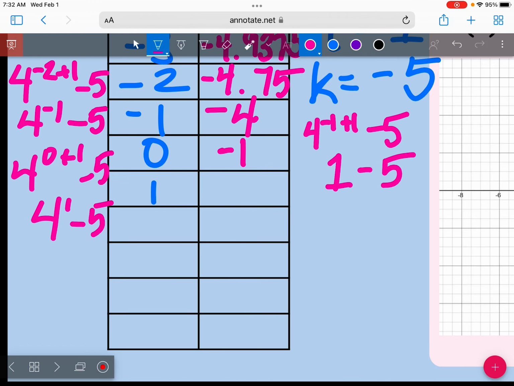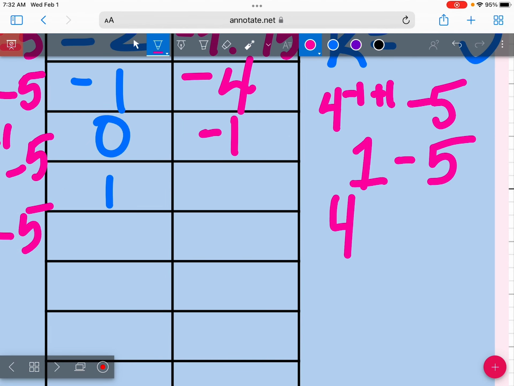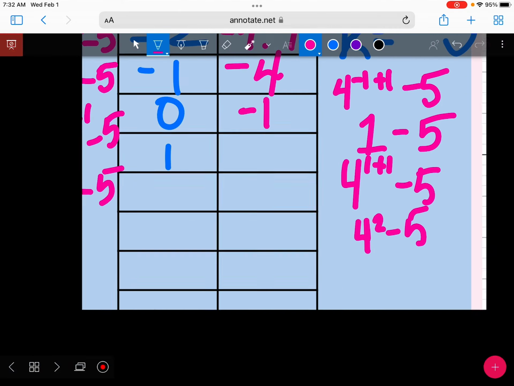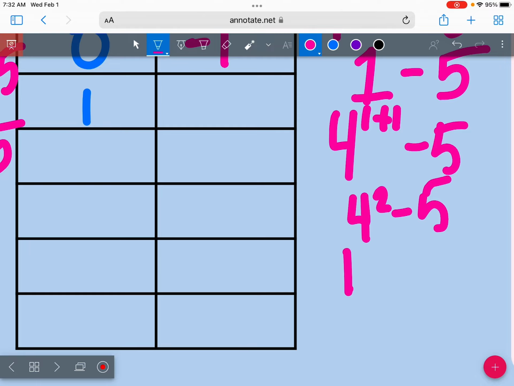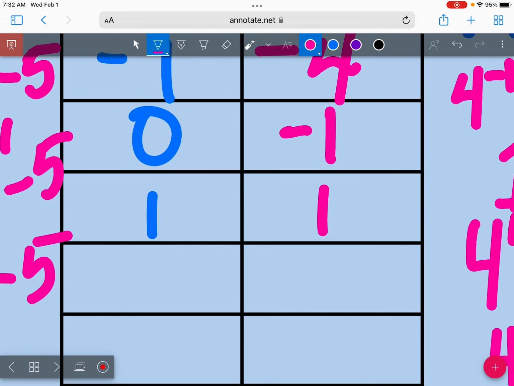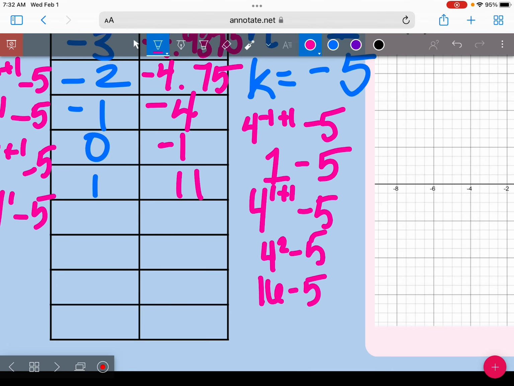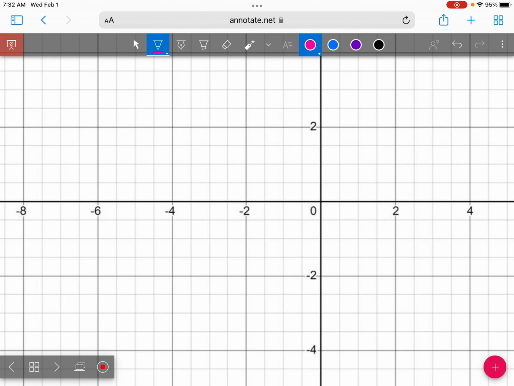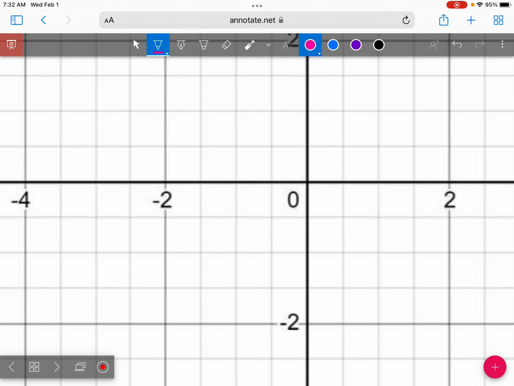And then we got 4 to the 1 plus 1 minus 5. That's just 4 to the 2nd minus 5. What's 4 to the 2nd? 16 minus 5 is 11. Beautiful. All right. And then we go and plug these points in. So we've got 0, -1. I'm going to go right here.